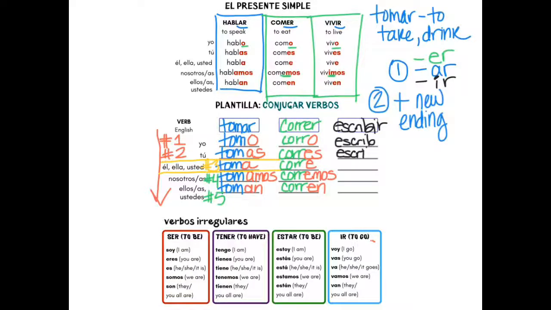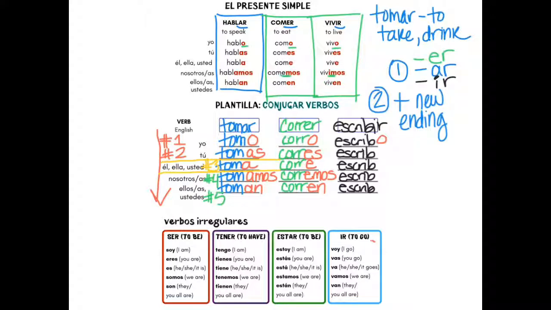I'm going to write it, and then I'm going to fill in my new endings. So remember, only the nosotros form is going to be different.